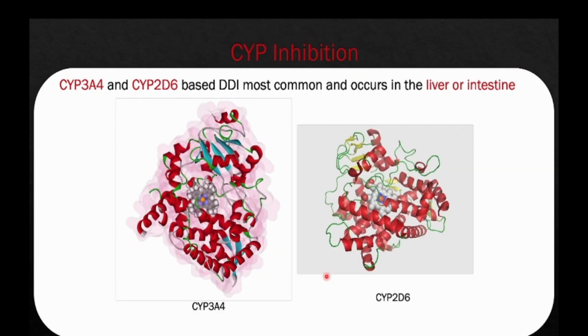Looking at cytochrome inhibition, there are 2 cytochromes known as cytochrome 3A4, this one here, and cytochrome 2D6, this one here. These are based on drug-drug interactions, which are most common and occur in the liver and also in the intestine.